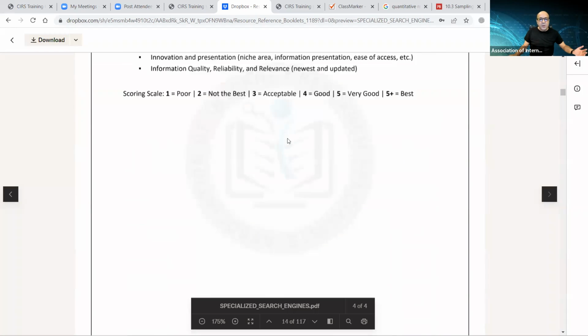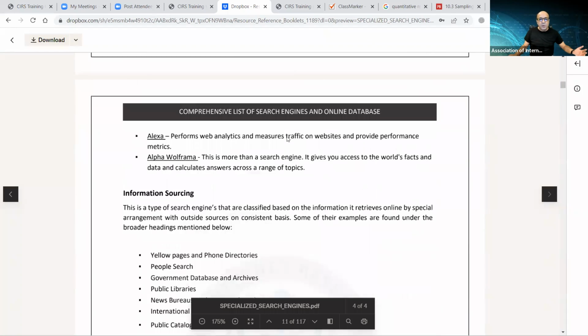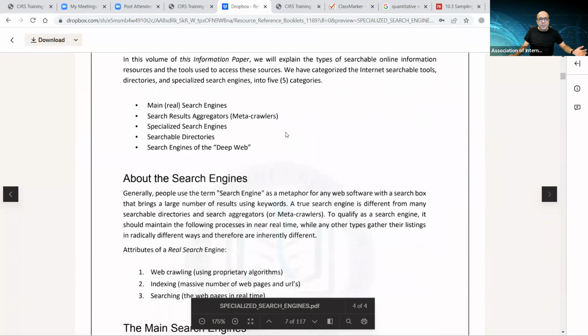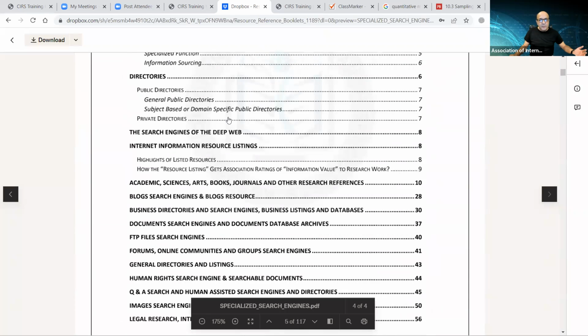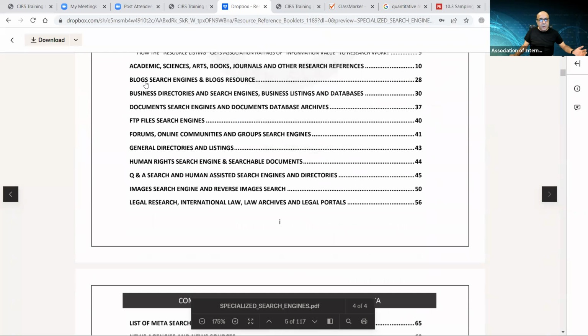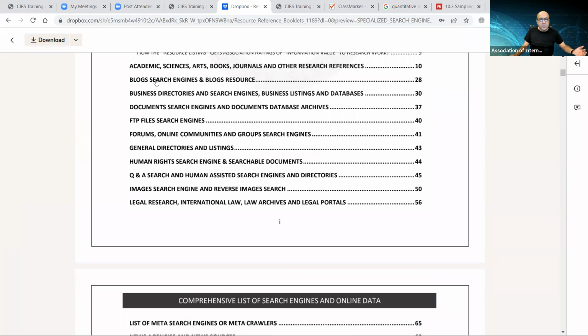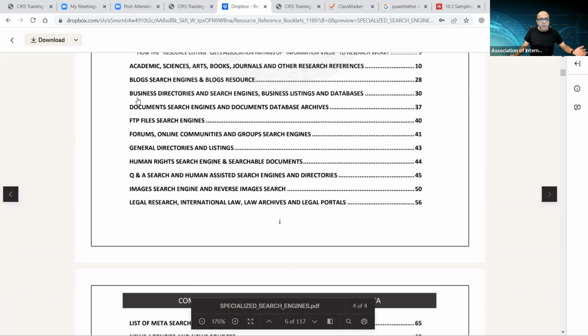And if I take you to the table of contents, the very beginning, you could see that these are organized according to what they are going to give you the links for. So if you're looking for search engines that only search into the blogs, you can click on this and there'll be a list of search engines that specifically will query the blogs.